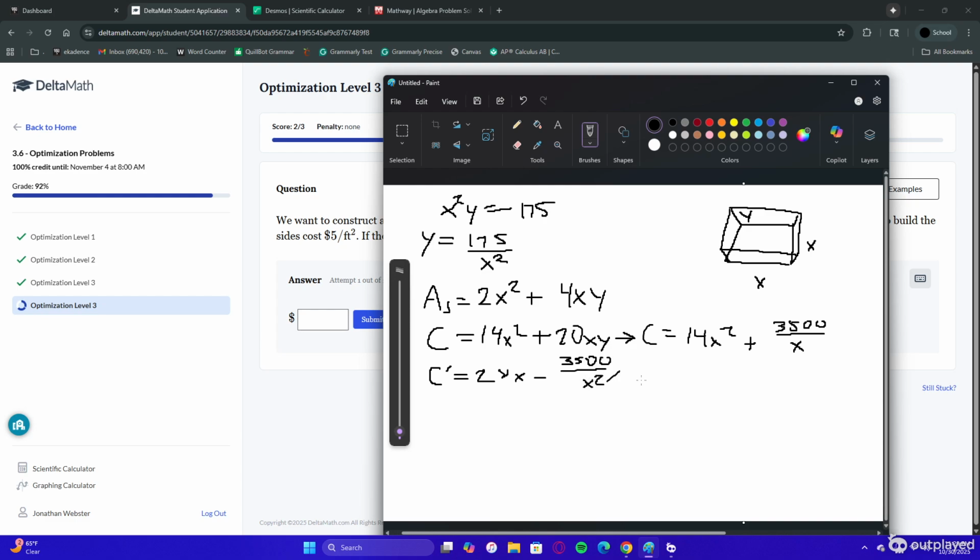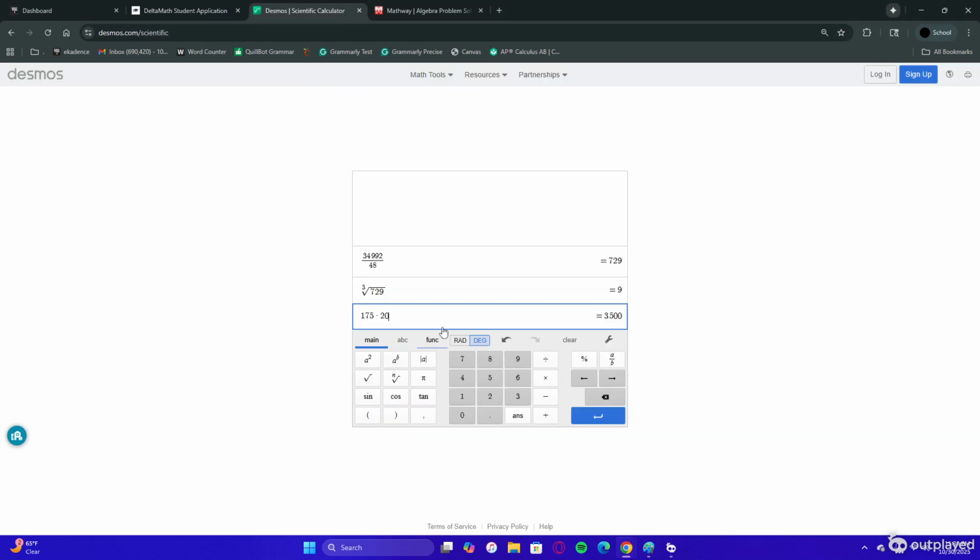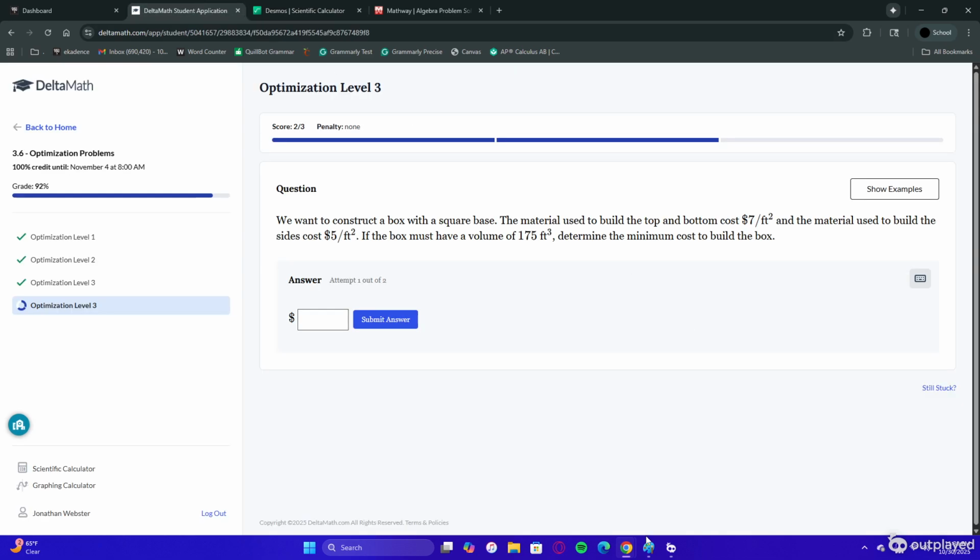And setting that equal to 0, we get 28x is equal to 3,500 over x squared, or in other words, 28x to the third is equal to 3,500, and 3,500 divided by 28 is 125.